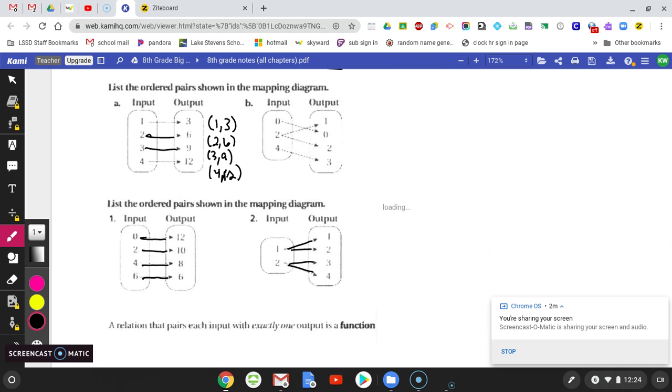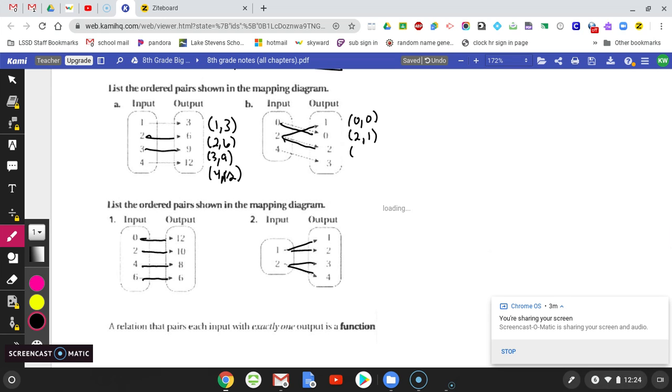Okay, on B, this one doesn't have the lines going directly across, but I can see that 0 goes to 0. So that means I have the coordinate point 0, 0. 2 goes to 1, so I have the coordinate point 2, 1. 2 also goes to 2, so that means I have the coordinate point 2, 2. And 4 goes to 3, so that means I have the coordinate point 4, 3. So always list your inputs as your x values, the first value in your coordinate point, and your outputs, or your y's, are the second value in your coordinate point.